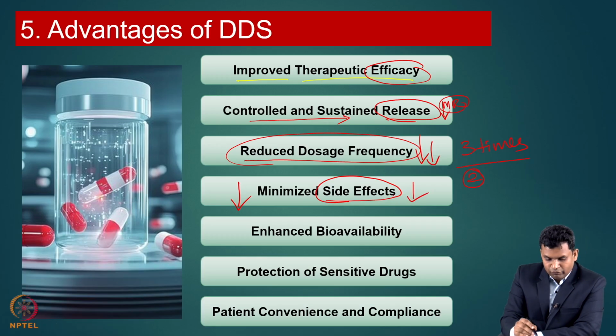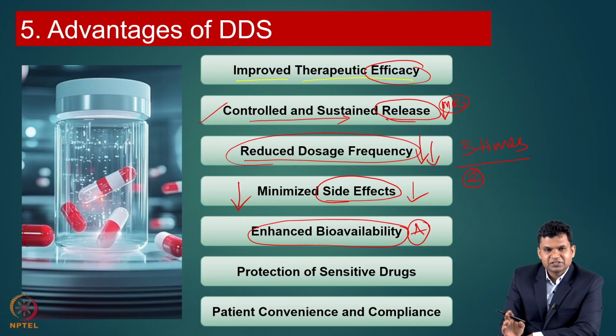So, when you perform controlled release, when you make changes in your formulations by using a drug delivery system, you can also improve the bioavailability because your absorption will change, right. In the ADME profile, absorption, distribution, metabolism and excretion, these 4 factors are very, very important for pharmacokinetic studies.